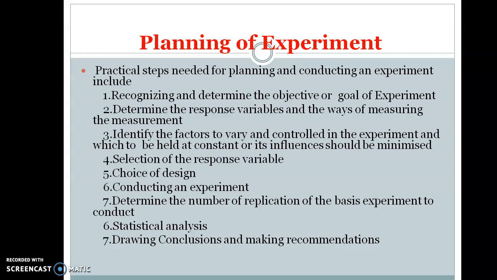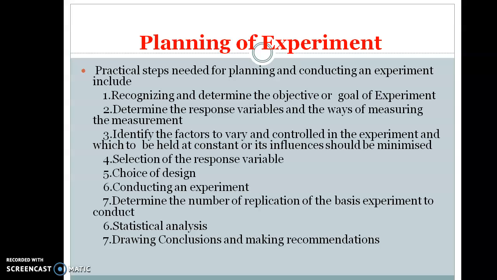Then we need to determine the response variables or the factors that are generally causing the variation in the experiment, and we need to measure that particular variable. Then third step, we need to identify the factors which are varying in both the test as well as in the control experiment, and which factors have to be held constant or their influences should be minimized.